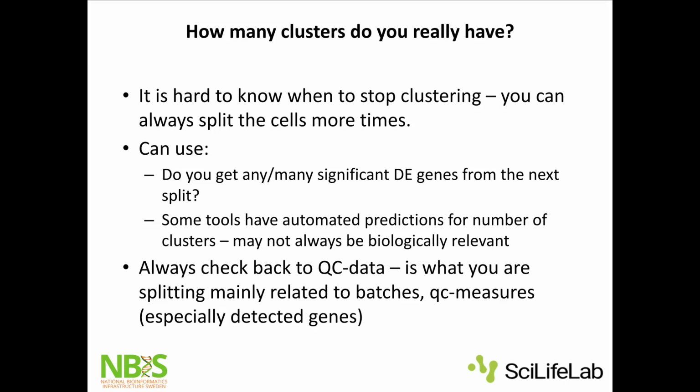There are some tools that are trying to automatically predict the number of clusters, but I wouldn't trust them so much because it can be more complex than just finding automatic groups. And always look also, is it so that my splits of clusters is more due to quality or batches than due to actual cell types, whatever I'm trying to cluster?